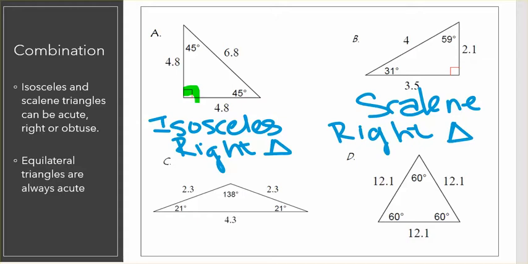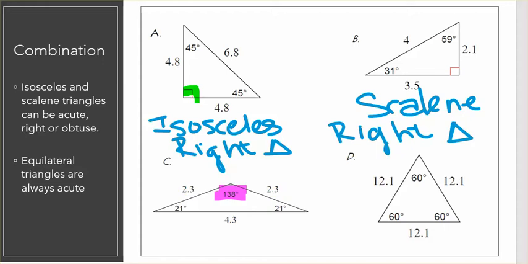Take a moment to look at C. What do you notice first? You might notice those 2 sides are the same, but this one is not. Okay, so I have 2 equal sides, which makes it isosceles. Now check out the angles.